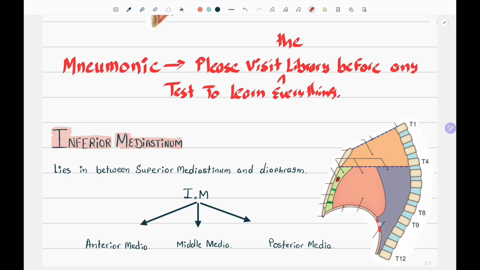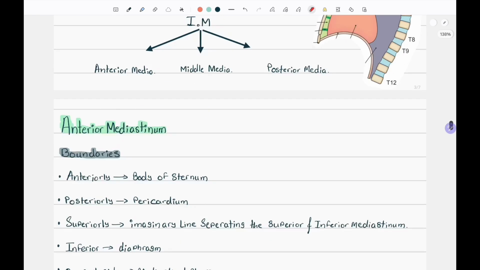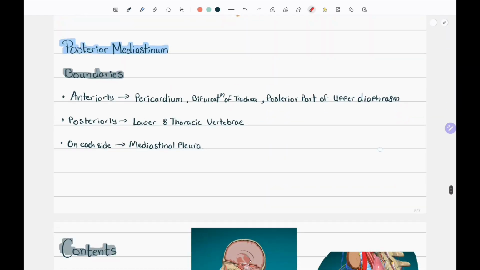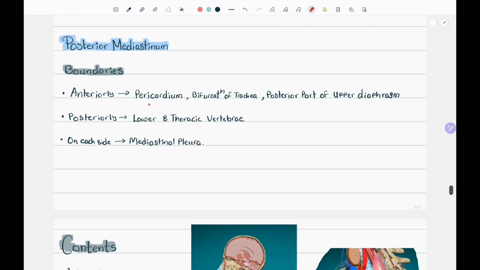The inferior boundary is the lower part of the diaphragm and the superior boundary is that imaginary line. So anteriorly by the pericardium, bifurcation of the trachea and the posterior part of the upper diaphragm.